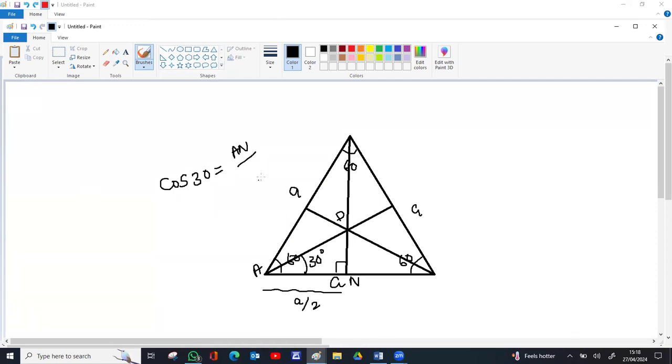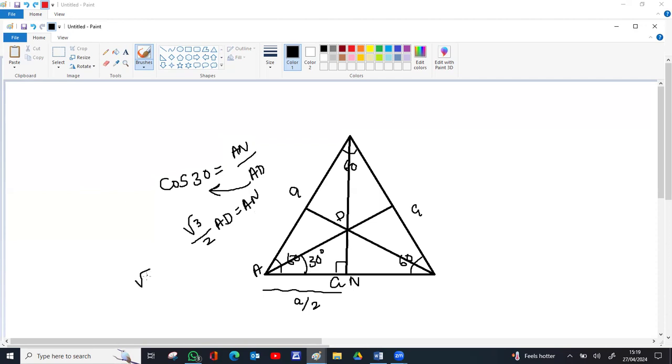AN by hypotenuse AD. Cos 30 is sin 60, root 3 by 2. So root 3 by 2 into AD is equal to AN. So AN is actually a by 2.